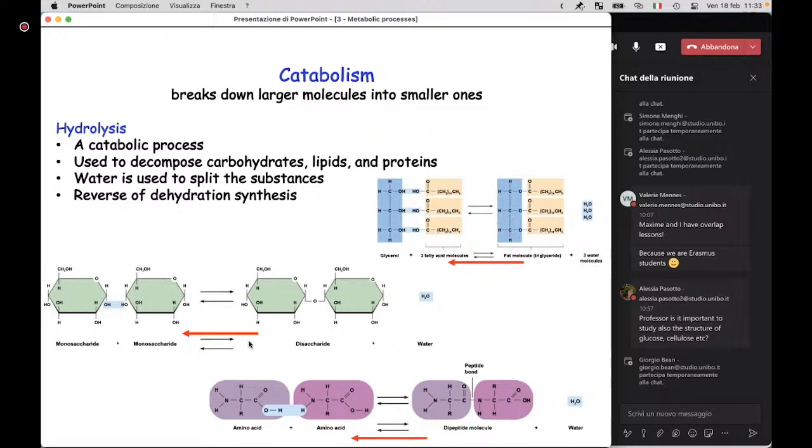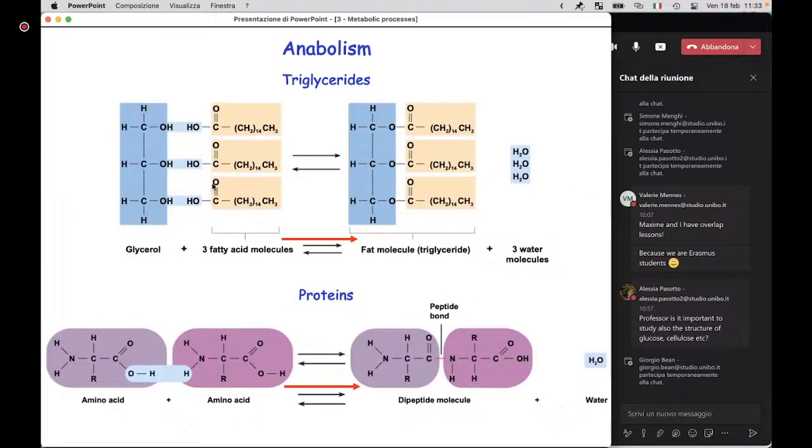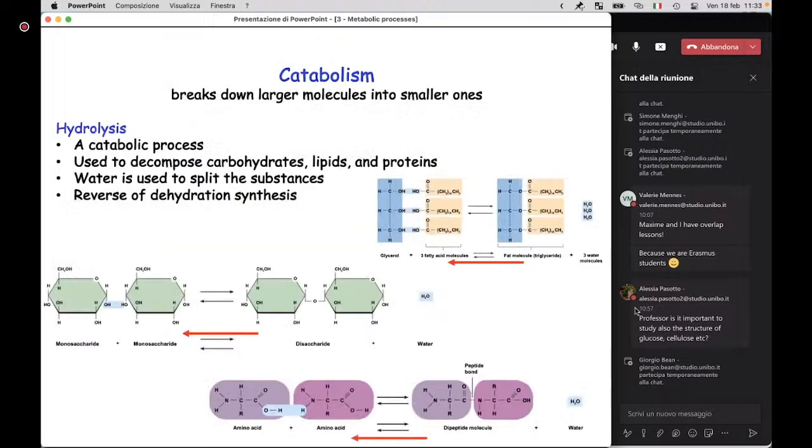All these are equilibria. And if we start from the simple molecules producing the complex one, of course, the equilibrium is shifted to the right. And in this case, if the equilibrium is shifted to the left, we will have a catabolic reaction starting from a big molecule, a protein, polysaccharide, triglyceride.